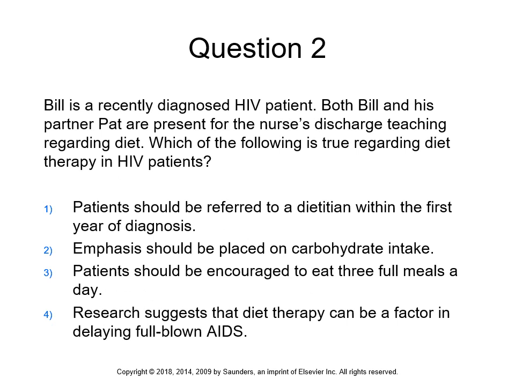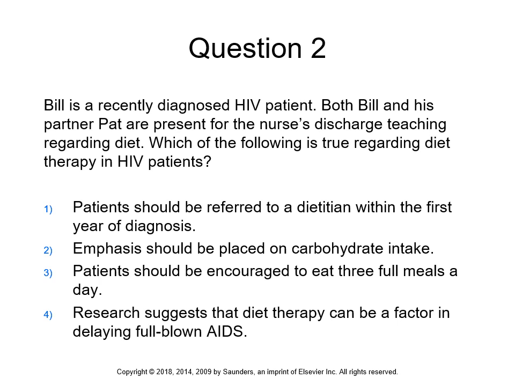Question 2. Please post your response again under Share Notes or the chat box. Bill is a recently diagnosed patient with HIV. Both Bill and his partner Pat are present for the nurse's discharge teaching regarding his diet. Which of the following is true regarding diet therapy in HIV patients?